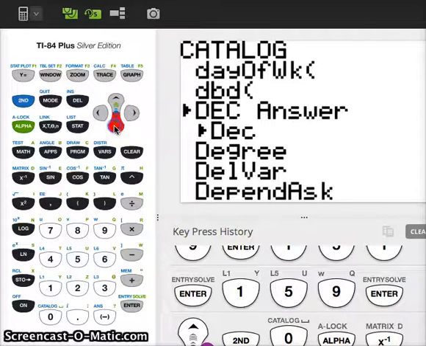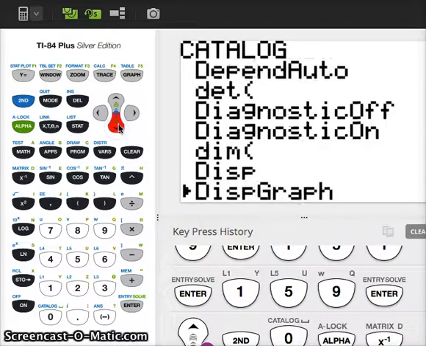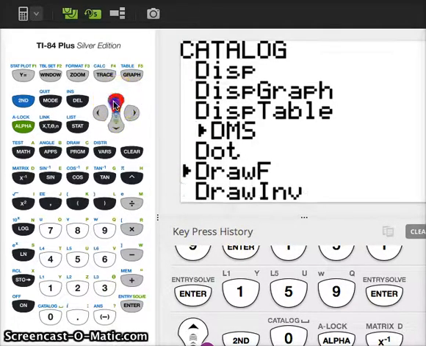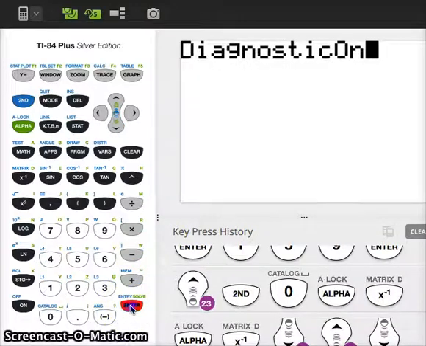I'm going to go down, down, down. And again, you only have to do this one time. Diagnostic on, diagnostic off. I really did go past there, didn't I? All right, so diagnostic on. Make sure you hit enter, okay? That way you can get all your good data that you need.